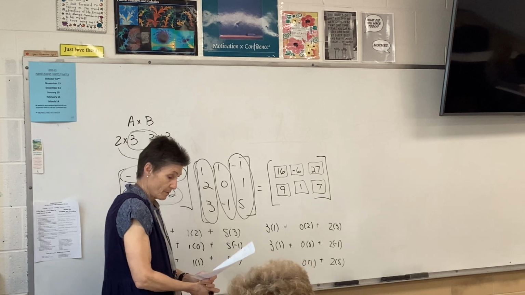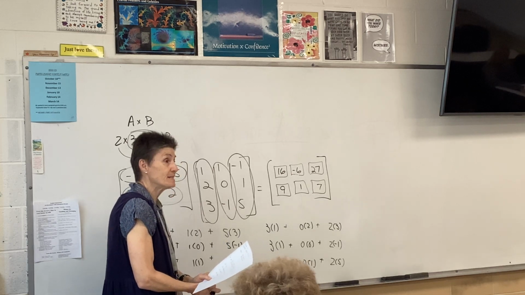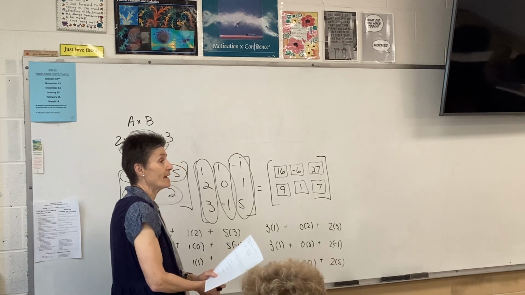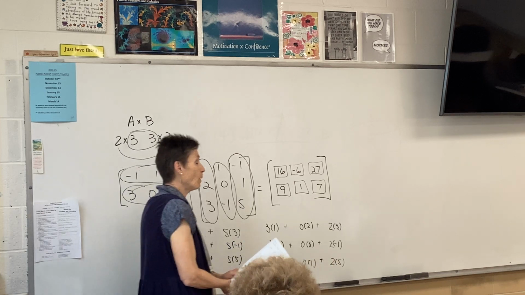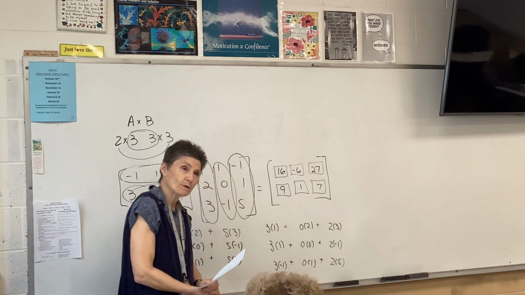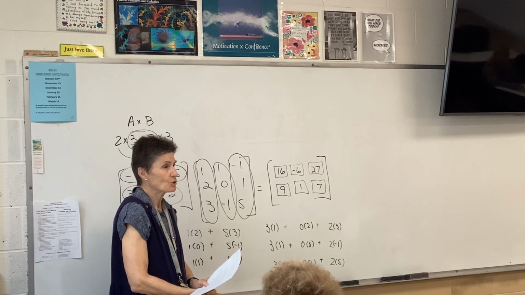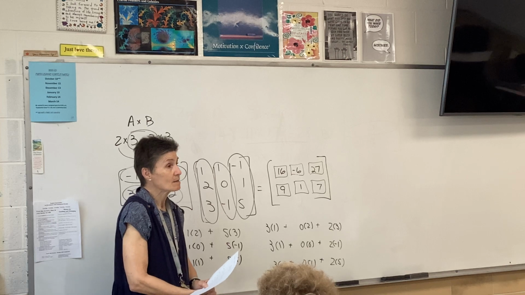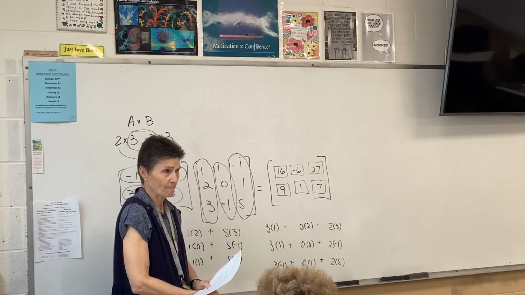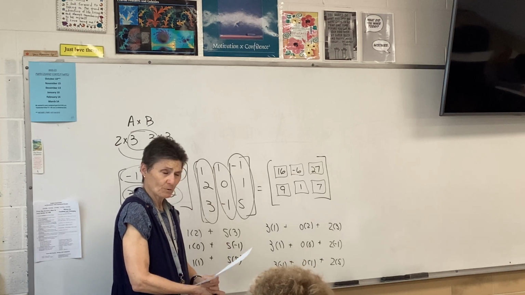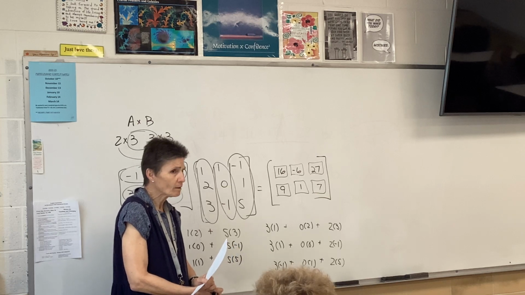Okay, so next we're going to find the determinant of A. Now, I know I mentioned this to you, but there weren't any problems like it in your notes. You can't find the determinant unless the matrix is square. So if we look at matrix A, is it square?